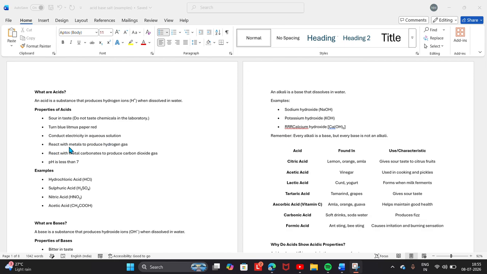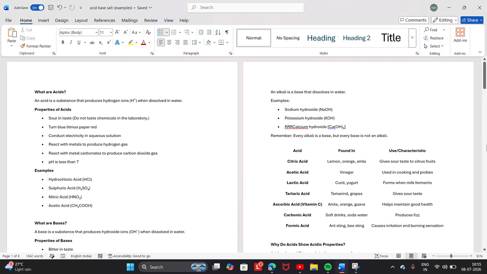And they react with metal to produce gas. This is also a property of acid, which we'll talk about in detail, and then we'll talk about base. So these are some common properties of acid. Now, some common examples of acid are hydrochloric acid, HCl, sulfuric acid, which is H2SO4, nitric acid, HNO3, and acetic acid.